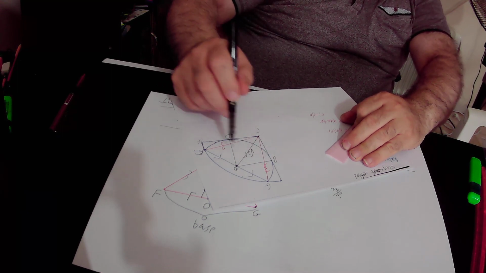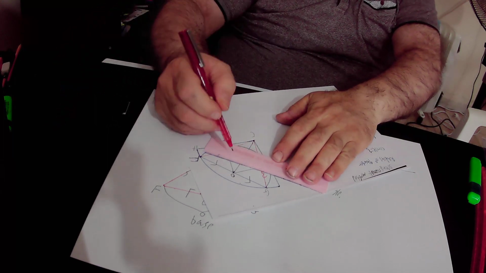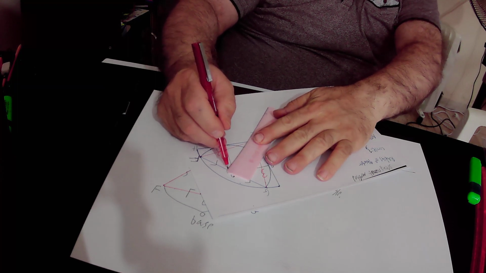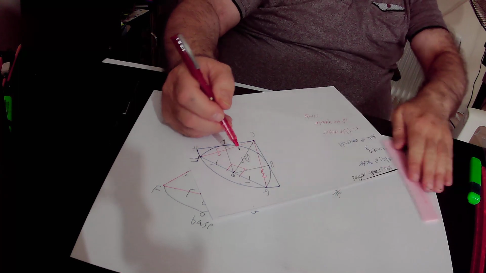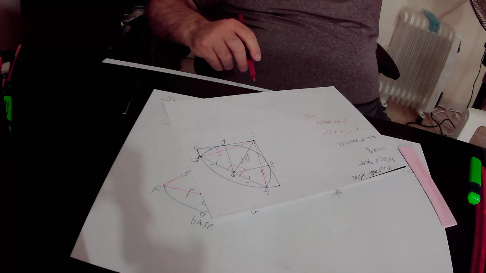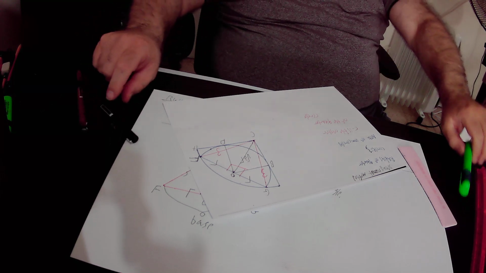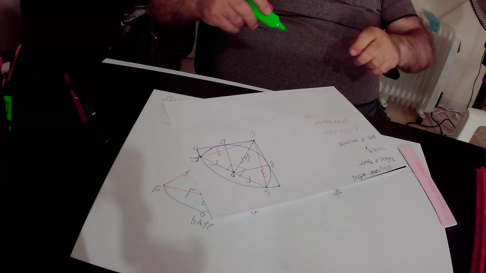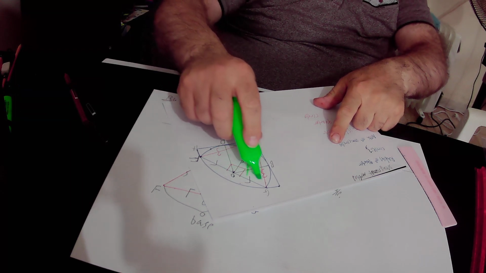So CO is perpendicular to FG, that is to say, this angle will be equal to 90 degrees and this angle will also be equal to 90 degrees. Okay? According to rule number 4, of course. Now we will implement the Pythagoras theorem on the right triangle, triangle COG.